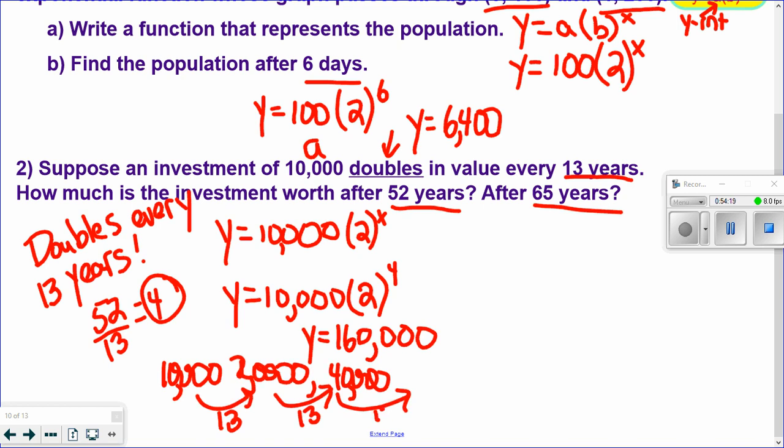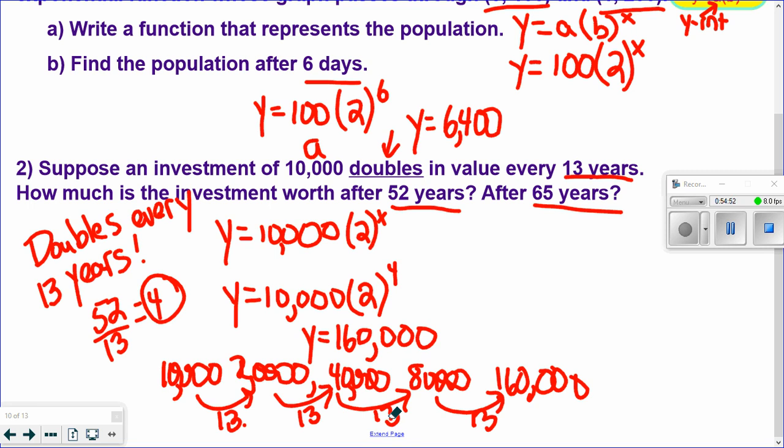After another 13, it goes to 80. After another 13, it goes to 160,000. So think about it: 13 plus 13 plus 13 plus 13 is 52. In 52 years, and it doubles every 13 years, it gets to 160,000. And that's basically why you have to divide by 13.